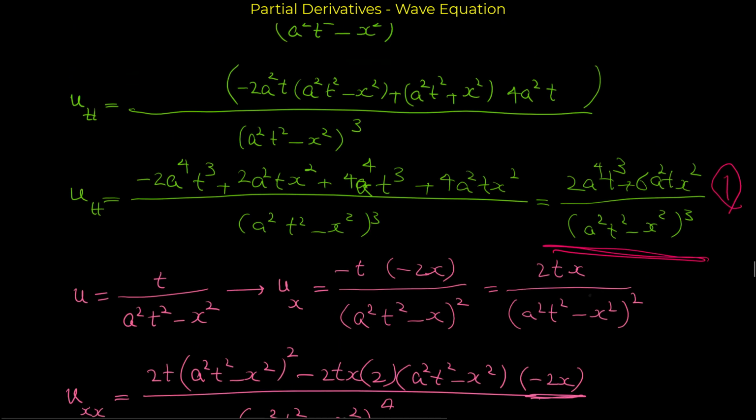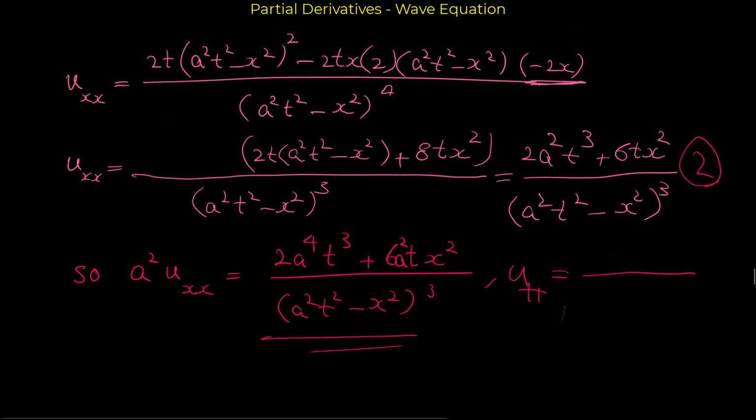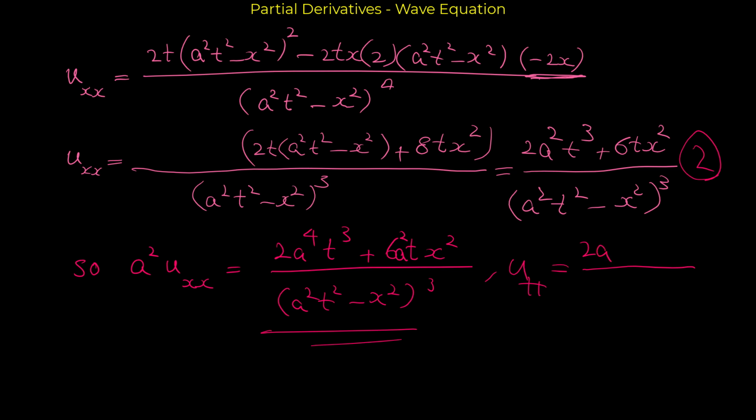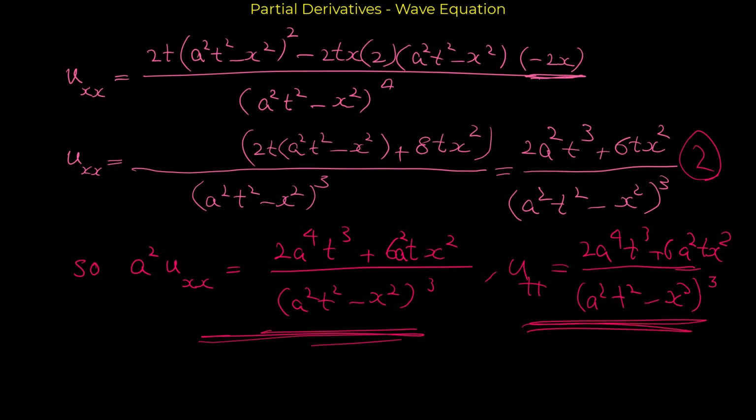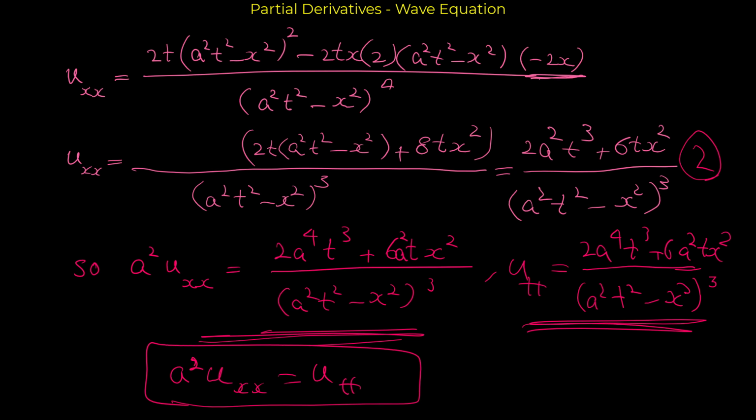Look at this here, utt is exactly this, 2a^4t^3 plus 6a^2tx^2 over (a^2t^2 minus x^2)^3. So by comparing these two equations, we conclude what? We conclude that a^2 uxx is equal to utt. So we finished this really complicated, challenging question.